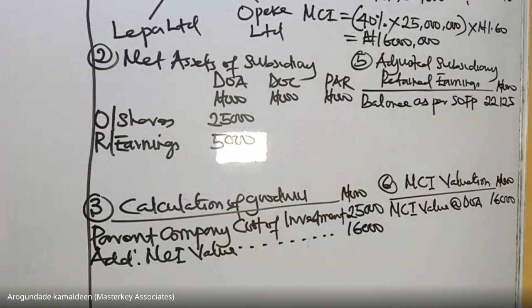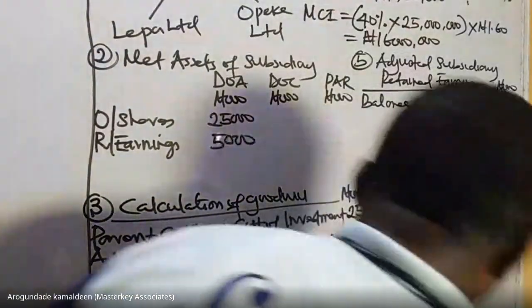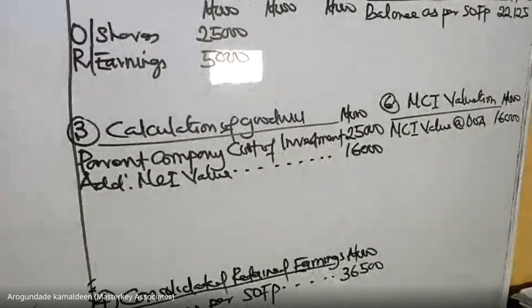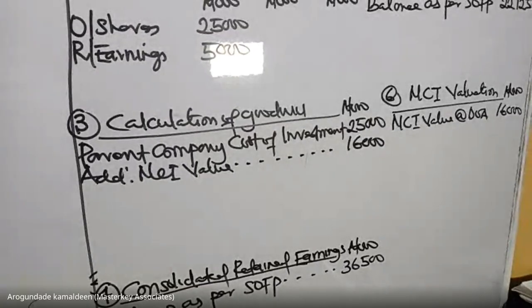Class, this is the normal thing that we always do for the consolidated statement of financial position between the parent company and the subsidiary. But now, we have an additional person called the associate. So you are going to create an extra column, or extra adjustment.